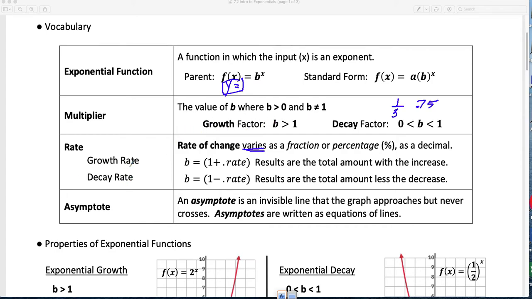My growth rate is going to be greater than 1. My decay rate is going to be a fraction or a decimal between 0 and 1. And this is how I find the growth rate. I turn the fraction or percentage into a decimal, and it's 1 plus whatever that decimal is. That's going to result in the total amount with the increase.